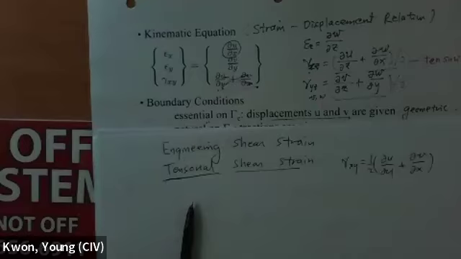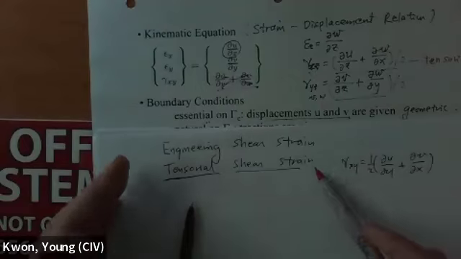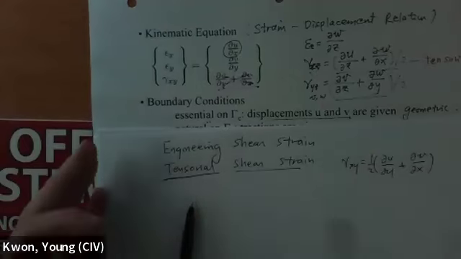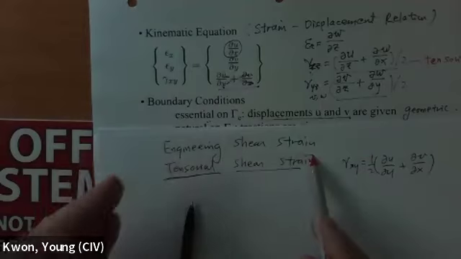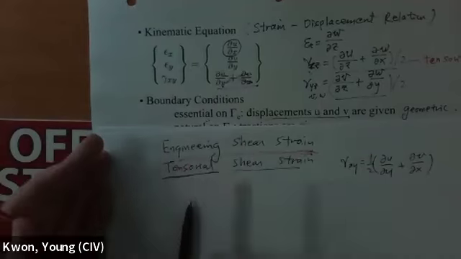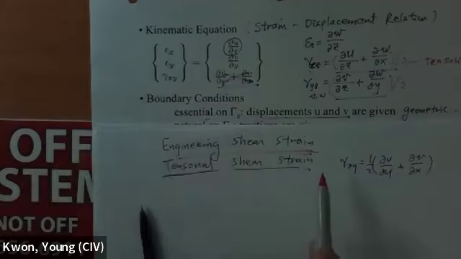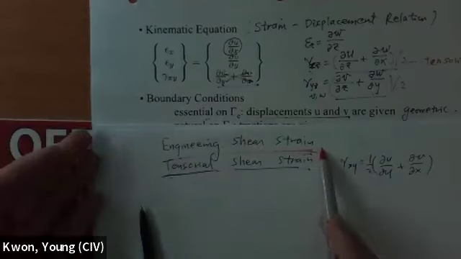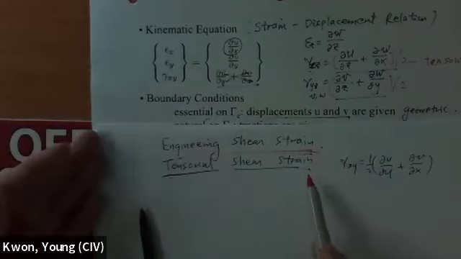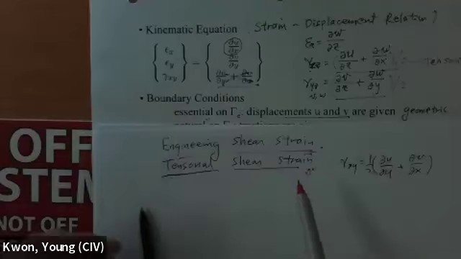I'm not going to talk about the details of why they have to separate these, but in a simple sense, this is good for engineering concepts. It makes much more sense, and the other is useful for mathematical formulation, because this one doesn't work in terms of mathematical formulation. So they define a slightly different shear strain so that they can do the mathematics more easily.